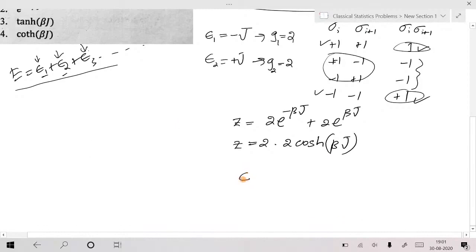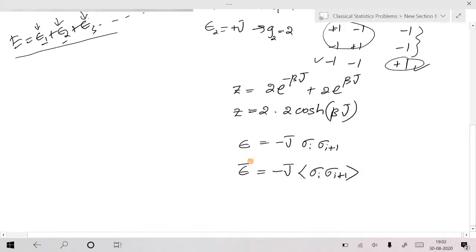I can write E is equal to minus J into sigma I plus 1. So the average of this energy is equal to minus J, that's a constant, times the average of sigma I plus 1. Am I right? This is similar to the average energy per particle.